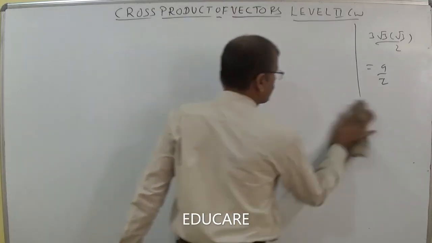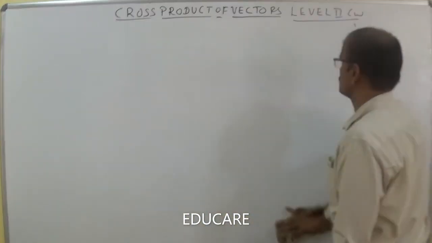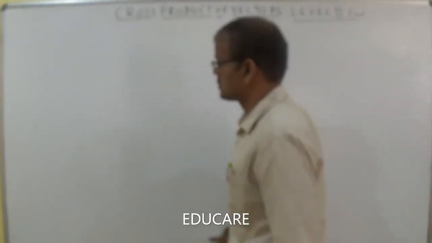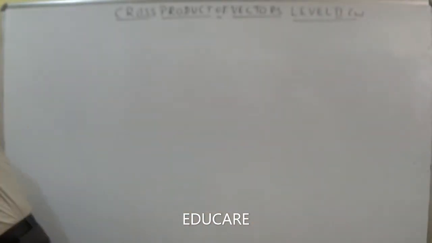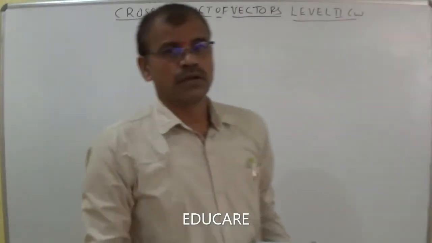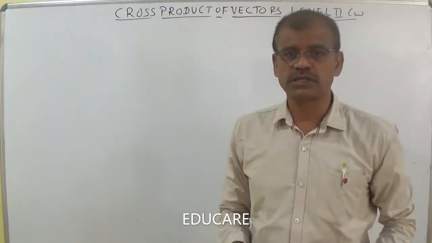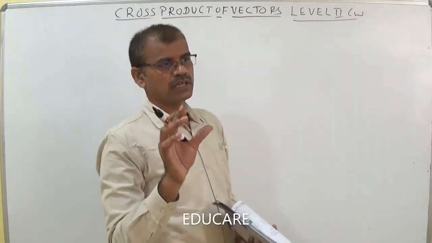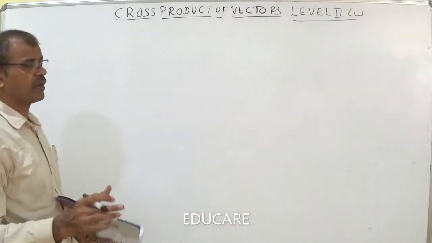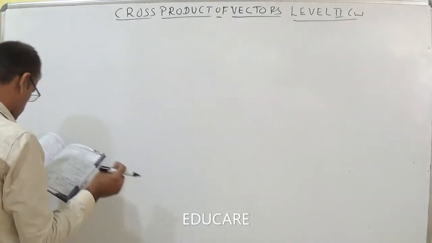Whenever he gives area of quadrilateral, you should read the question whether it is a parallelogram or simply a quadrilateral. About area of a quadrilateral, if he gives the diagonals, the formula is 1 by 2 AC cross BD. If he gives adjacent sides, the area of parallelogram is simply A bar cross B bar.